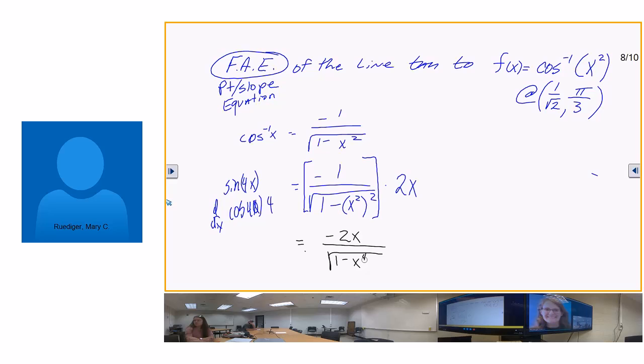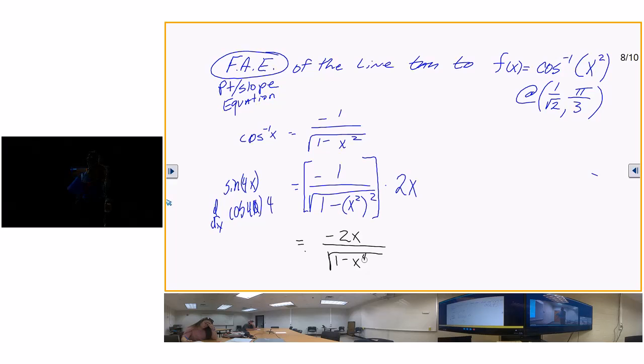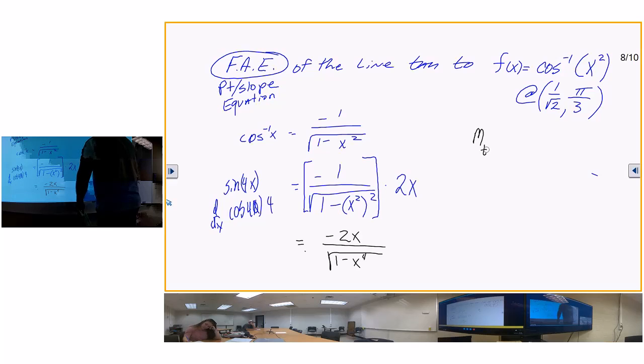Now, you could take the square root of that, but I just leave it alone. I just plug my numbers in. And when you plug your numbers in, you only have to plug in 1 over the square root of 2, because you want to find the slope of the tangent line.